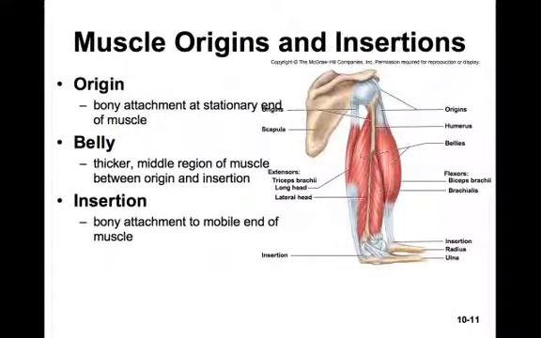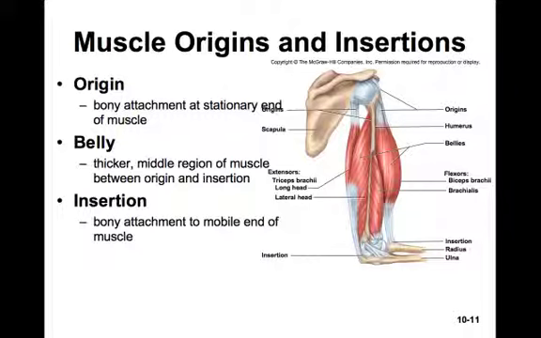Now, when we describe muscles, we'll describe them often by their origin and their insertion. The origin is the bony attachment at the stationary end, and the insertion is the bony attachment at the more mobile end of the muscle. Usually that means at the more proximal end we have the origin, and at the more distal end we have the insertion.